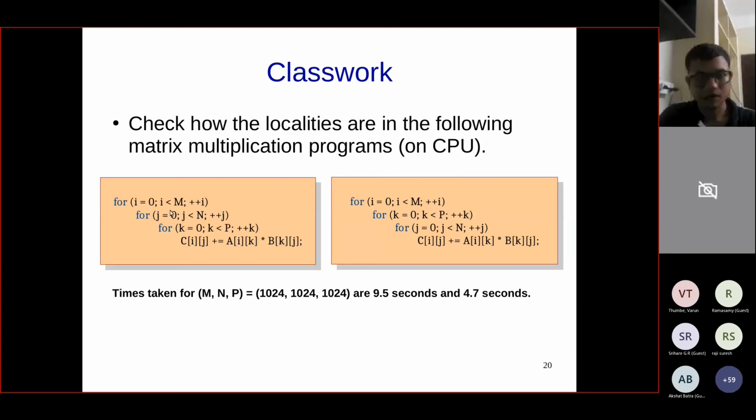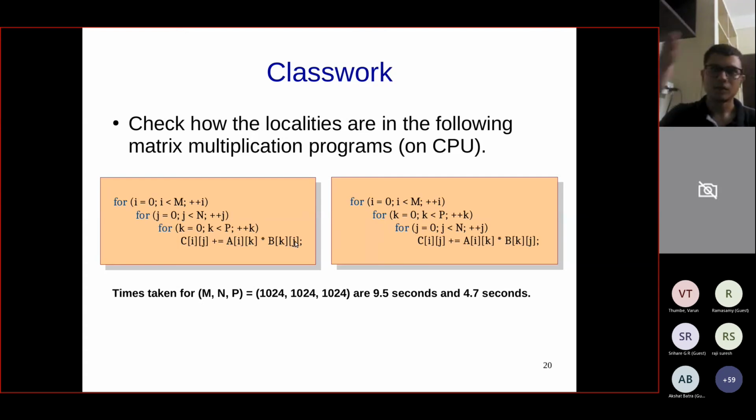For, let us say, the 0th value of j, k will go from 0 to p. Let us put some random numbers, so let us say p is 10. It will go from 0 0, 0 1, 0 2, 0 3, 0 4 up to 0 9, because p is 10, so from 0 to 9.